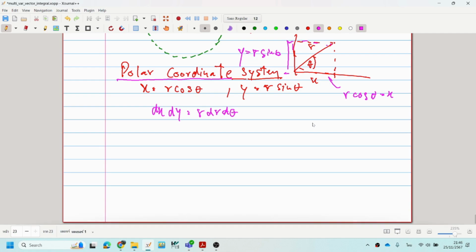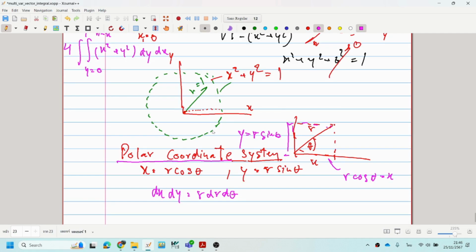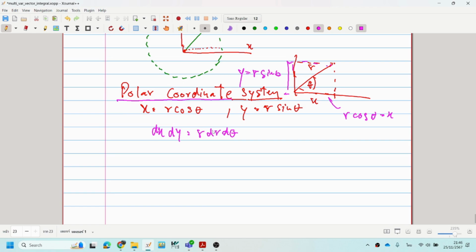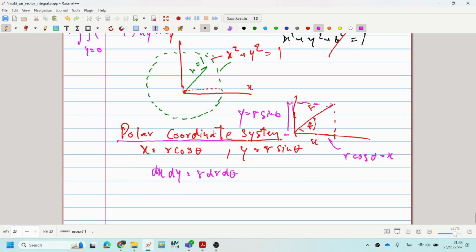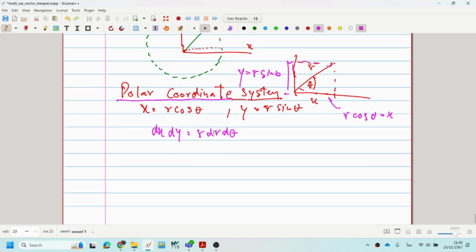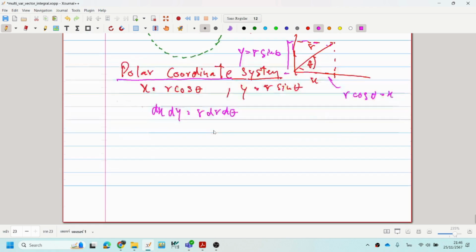In the polar coordinate system, you interchange the Cartesian coordinate x, y to polar coordinate. How is it easier? I will show you how. The polar coordinate system is easier than the Cartesian coordinate system.